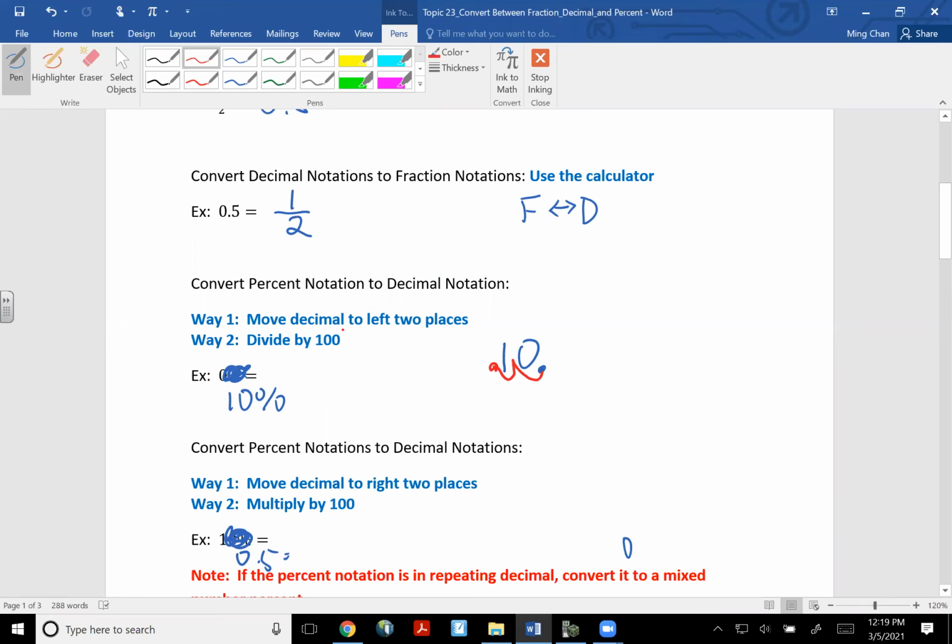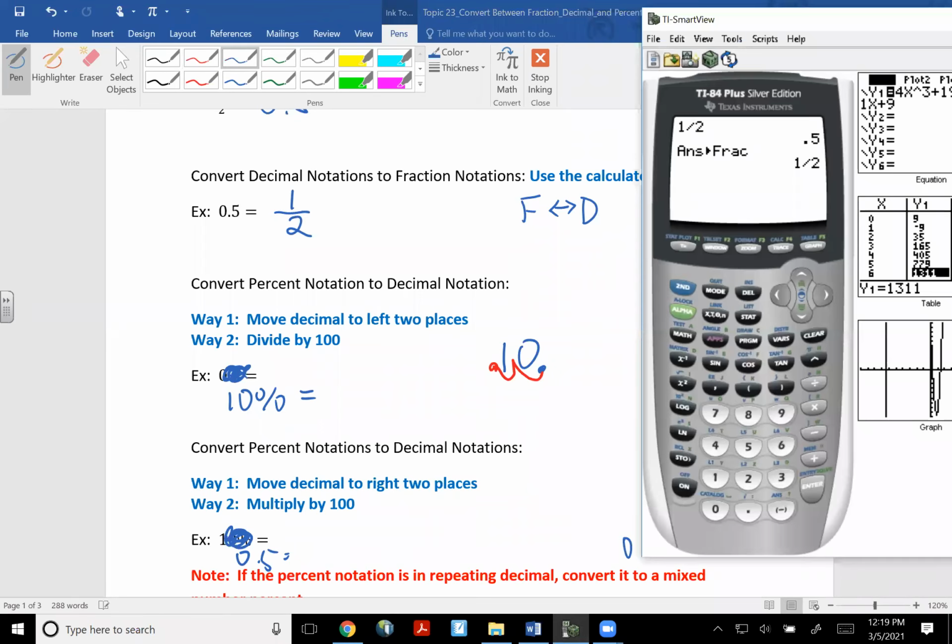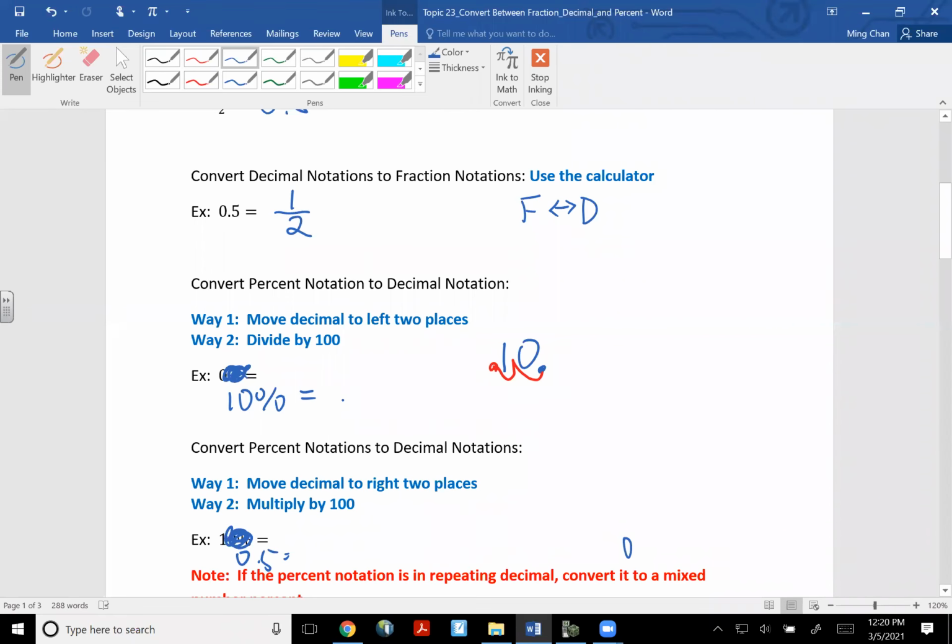I wrote divided by 100 here because this way is meant for the calculator. If you have 10% and you want to put it in the calculator, you simply type in 10 divided by 100, and that gives you the decimal notation answer, 0.1.